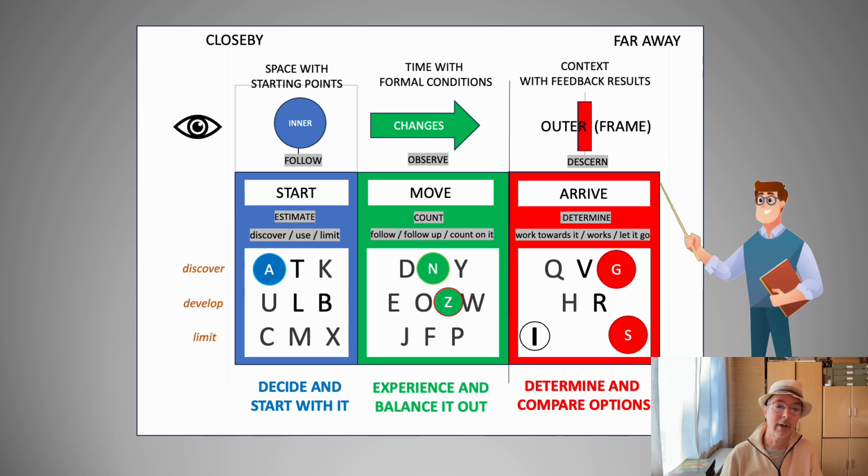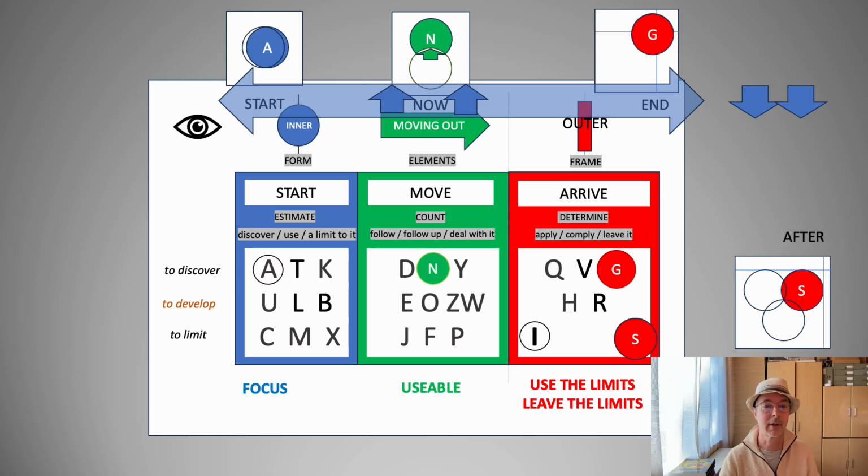So here we have all the words, and let's see where the letters from this word GANS or GANZ are lying in the scheme and how they look and how they can be used. So I have the G, the N, and I even have the Z or the S, depending on the German or Dutch word. And the first letter lies already at the end.